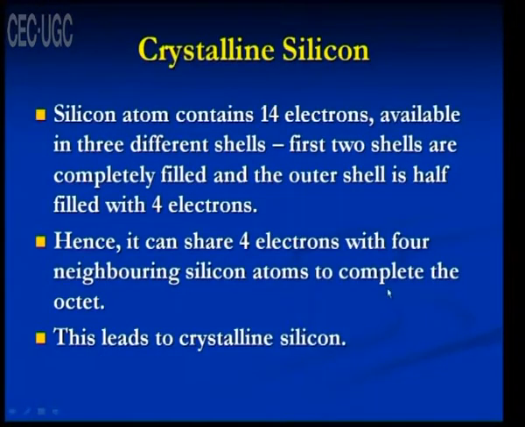Hence, this becomes a very crystalline structure, because it can bond in all the 4 directions with 1 electron each, and already 4 electrons are available in the outer shell, and hence it becomes 8 electrons and a complete octet. This leads to what is called crystalline silicon. Hence, the basic atomic structure is the one which is facilitating silicon to be available as crystalline silicon, and hence its usage is found to be very useful in photovoltaic cell applications.